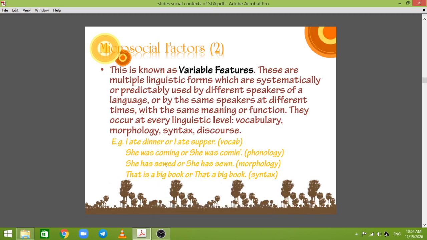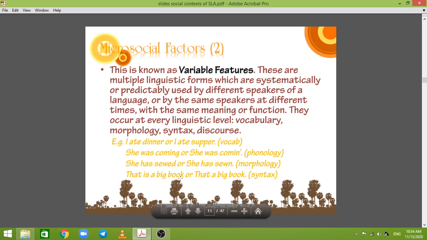She was sure or she was shunned. This one can be different in terms of the morphology of the word. Okay, that can be verb 3, but in one we change the spelling, and in the other one we just add ed. And the last one is related to syntax, the structure.